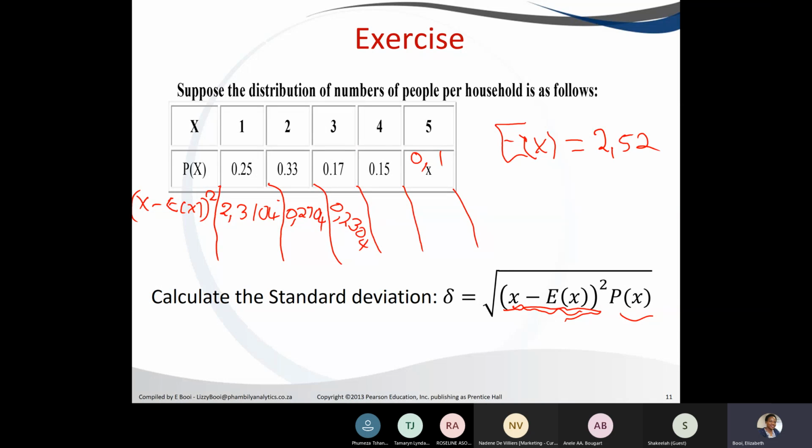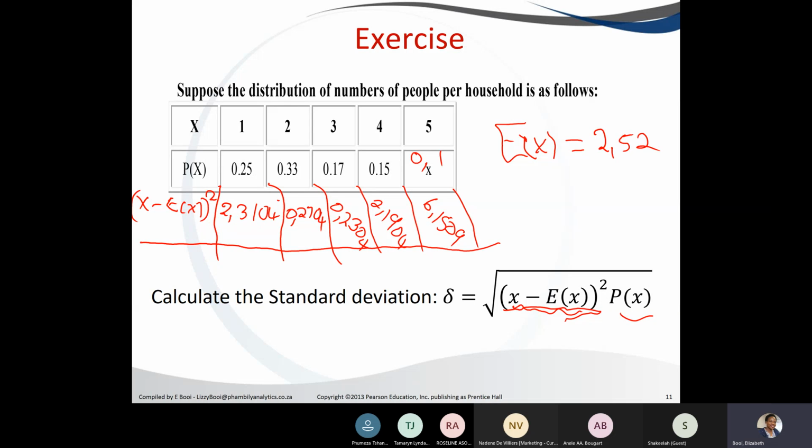And for 4 minus 2.52 squared, your answer will be 2.1904. And for 5 minus 2.52 squared, you will get 6.1509. Agree?